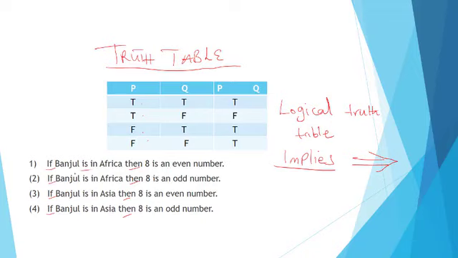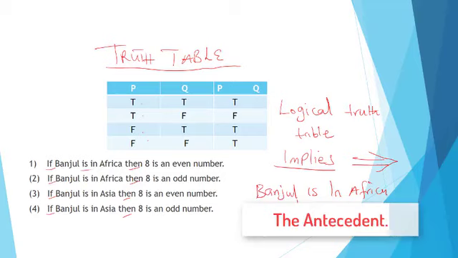So for example, here, Banjul is in Africa is called the antecedent, while the next one that comes after the then, 8 is an even number, will be called the consequent.